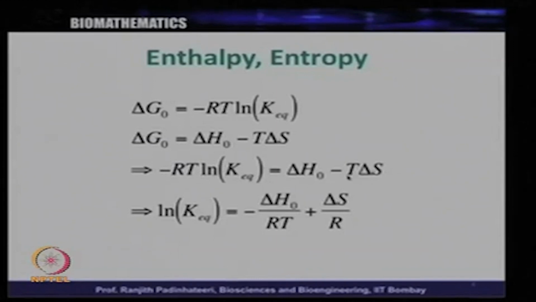I divide throughout by minus RT, and I get ln K equilibrium is equal to delta H 0 divided by minus RT and minus T delta S divided by minus RT.